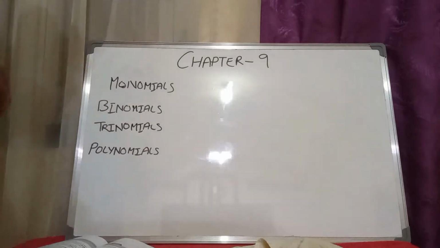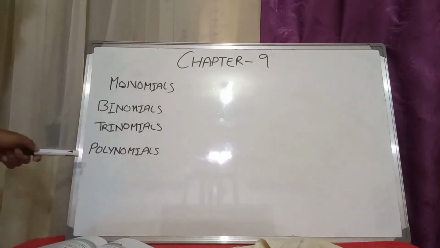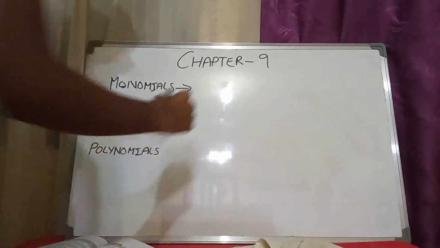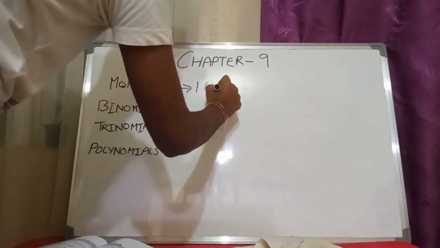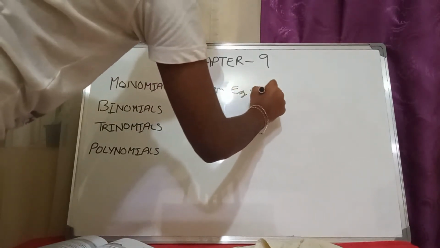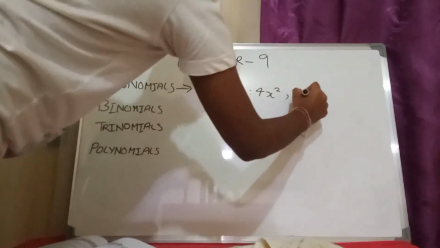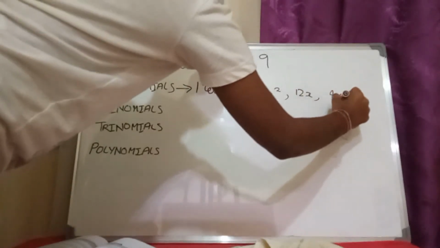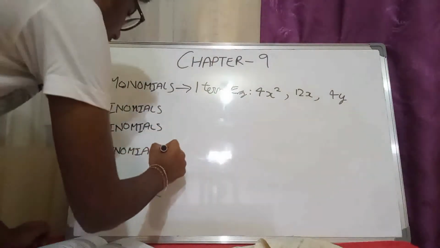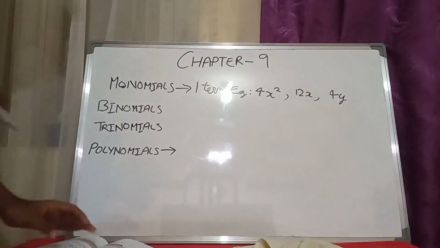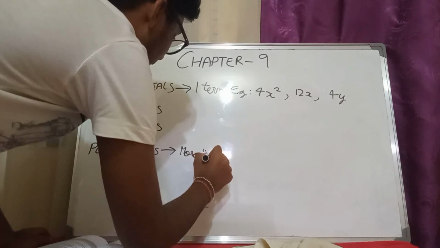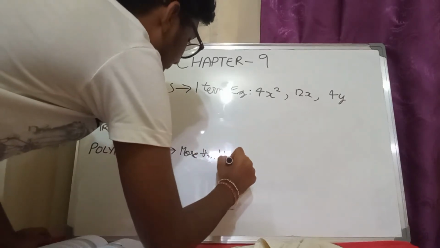The types of expressions are basically monomials and polynomials. What are monomials? Monomials means the expression has only one term. For example, we can have 4x square, 12x, 4y, etc. These are only one term, and polynomials have more than one term.